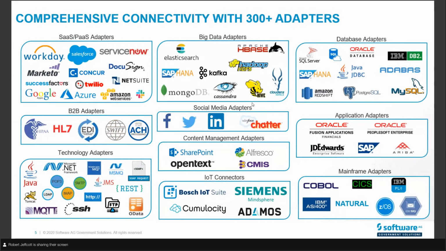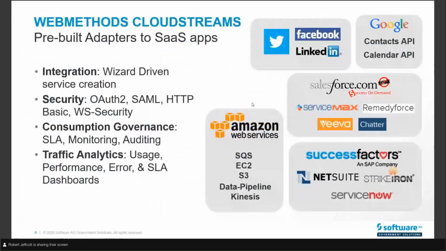We can configure these adapters to connect to that technology and orchestrate it. Today, we're going to be utilizing two of those specific adapters. The first one is our webMethods CloudStreams adapter. It enables pre-built adapters to connect to almost any SaaS application that's out there.